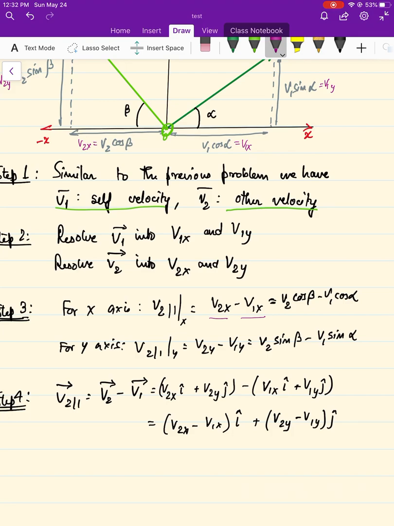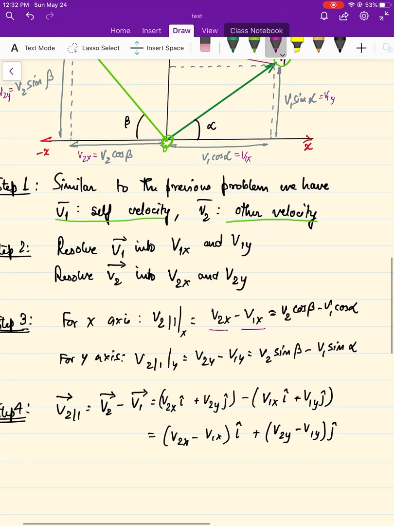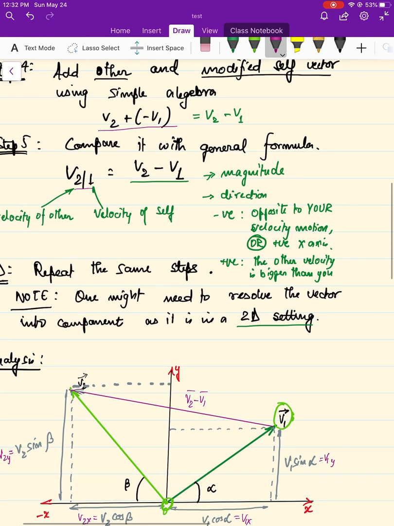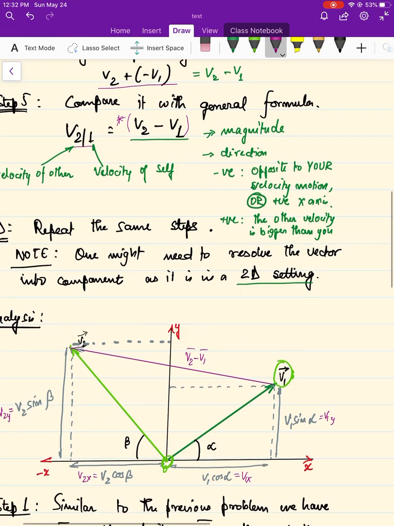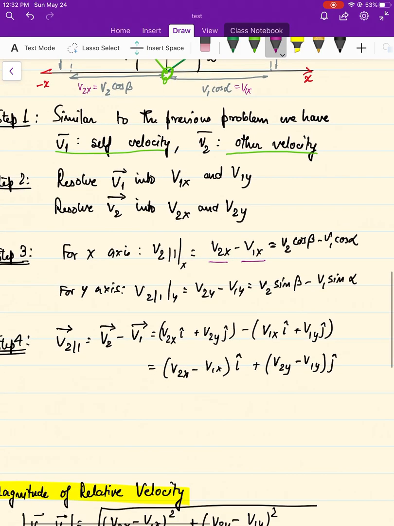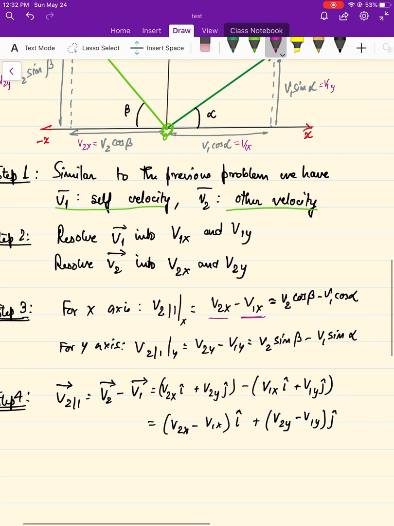So for the x-axis, we have two components of two different vectors, and we do v2x minus v1x from the formula that we established in this part. This is very fundamental, because we generalized it to the fact that this can be used when we are present in a linear dimension, right? So it's v2x minus v1x, and in trigonometrical terms, the way we have decomposed the problem, it's v2 cos beta and v1 cos alpha.